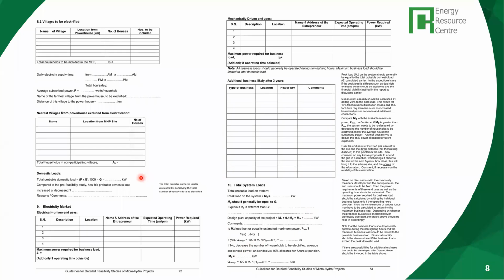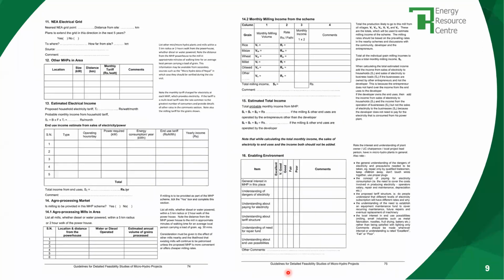Then over here in Nepal, our utility is called NEA, like EDM in Mozambique. So where is the nearest grid connection? Is it very near? What are the chances of grid connection to this location or the community? And what are the other mini or micro hydro projects in the area?